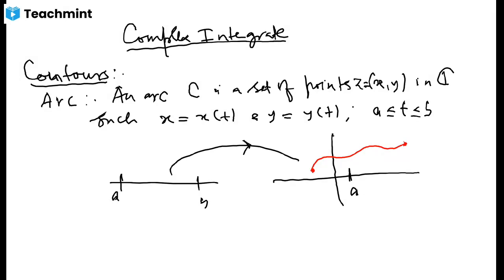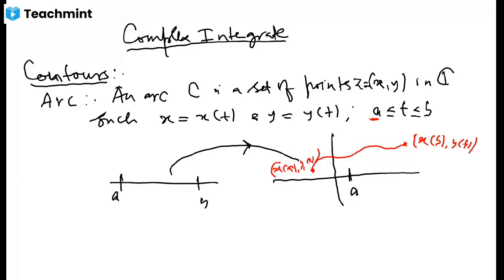And how do we decide its start and end? The initial point of this arc has to be the image of x and y at a, and the last point, which is called the terminal point, has to be the image point of b, and this is the initial point x a, y a.